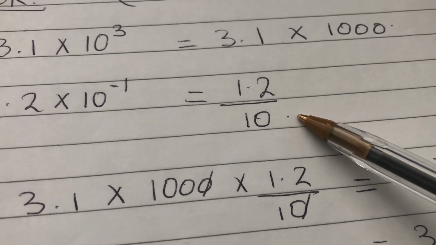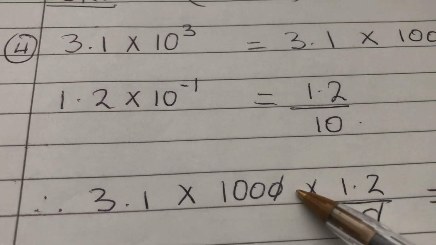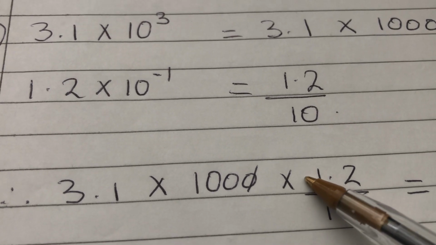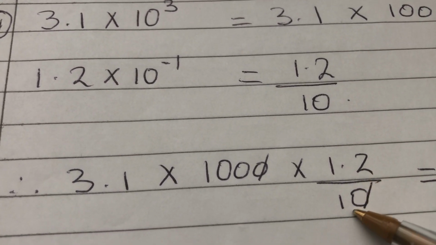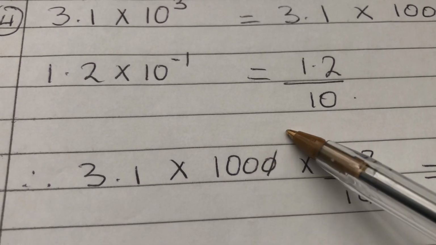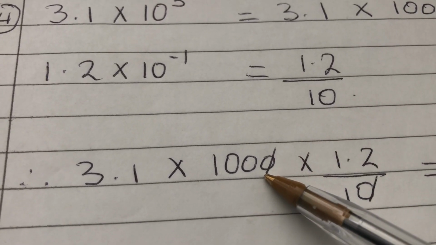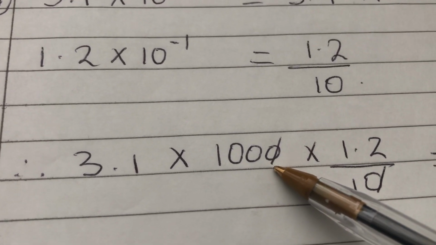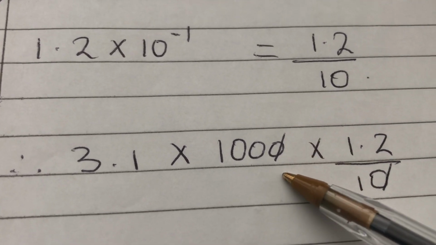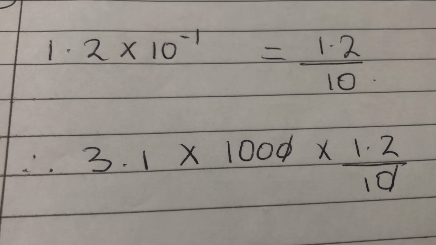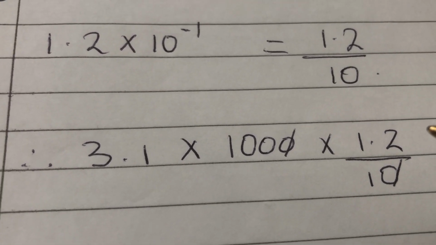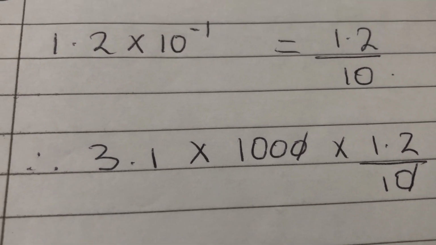Okay. So 3.1 times 1000 times 1.2 divided by 10. This 0 here will take care of this 0. Okay. So you can make it a number, or you can just go by what I'm showing you. Whichever method you use, you should arrive at the answer.